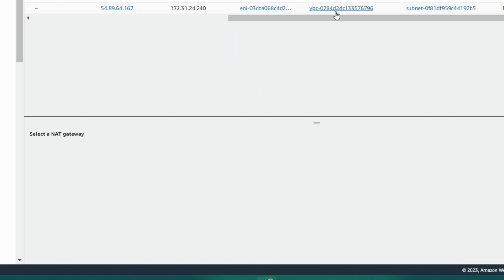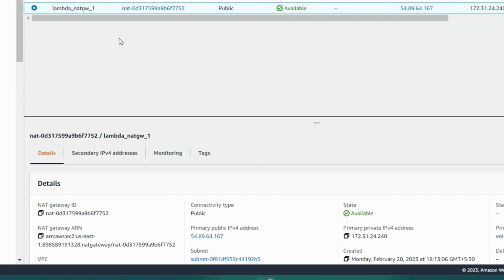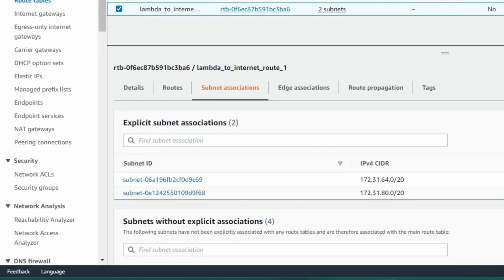I created that NAT gateway under one of the 6 subnets of that VPC. Please remember that this NAT gateway is chargeable. It costs around $30 to $40 per month, just for your information. It allows the resources in private subnets, the private network, to access the internet.